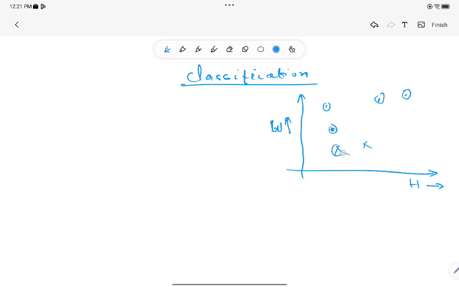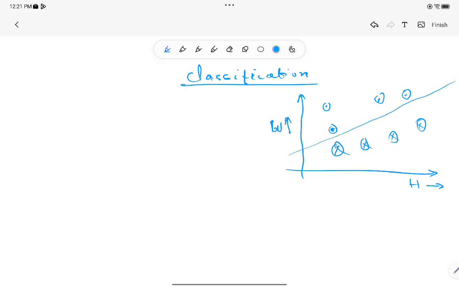Two types of points: this type is obese, these are obese persons, and these are non-obese persons. We were able to separate the two types of data points into two groups by a line.